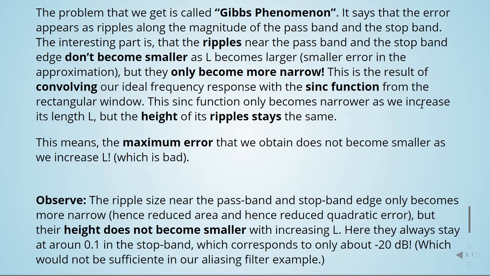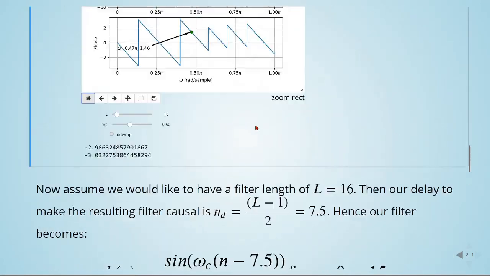The sinc function only becomes narrower as we increase its length, but the height of the ripples stays the same. And we can verify this.